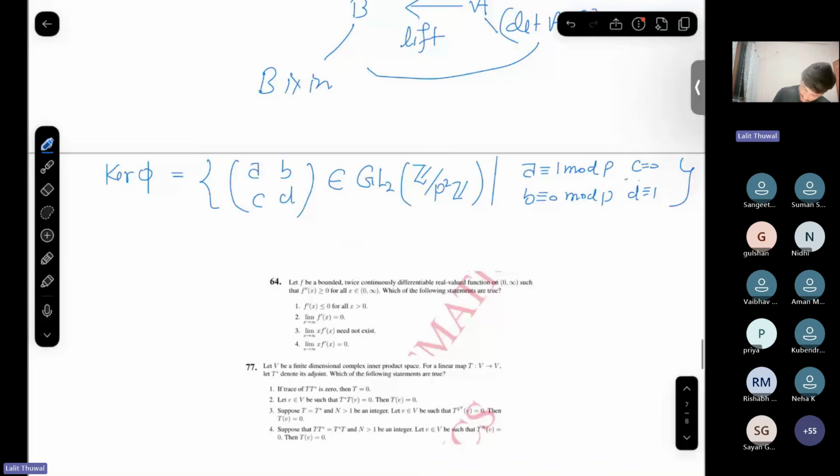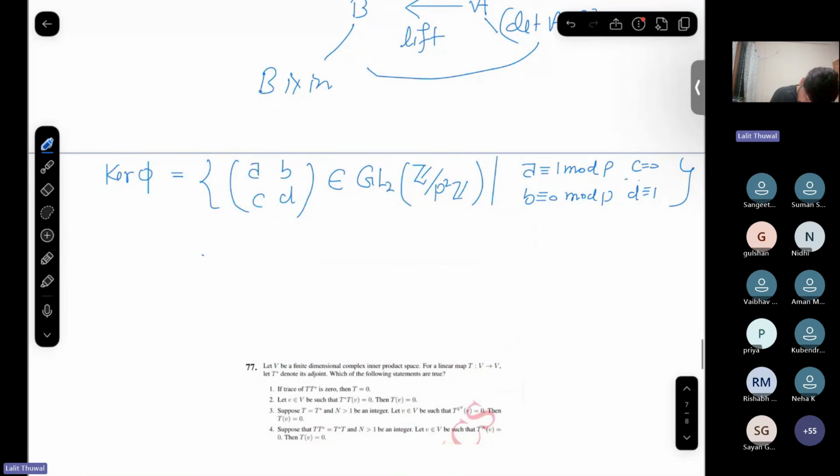So see, A can take these values, B can take these values, right? B belongs to this set: 0, P, 2P, dot dot dot, (P minus 1) times P. That means P squared minus P... sorry, P choices.